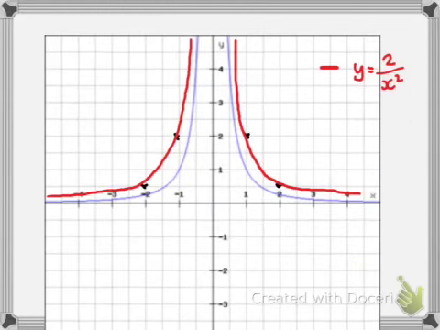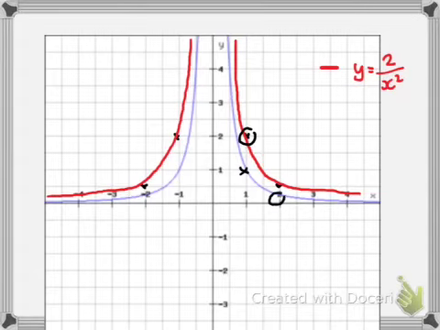And as we had with our previous graphs, we've got dilations. The red graph there is the graph of 2 over x squared, so the y values would effectively be doubled. Here on 1 over x squared we've got the point (1, 1), but on y equals 2 over x squared we've got the point (1, 2).